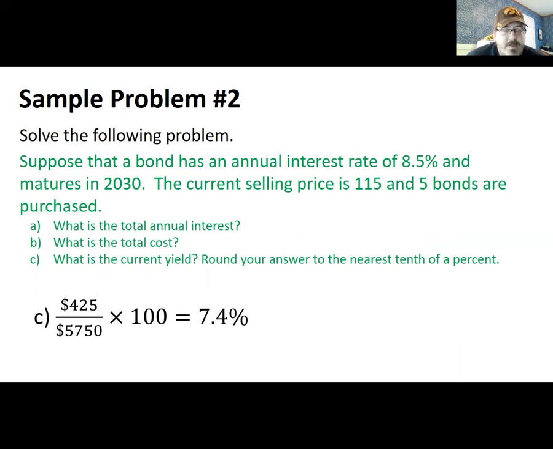That gives you a decimal that you can multiply by 100 to turn into a percent. Because the bonds are a little more expensive than $1,000 per bond, our rate of return is a little bit less than the actual interest rate. In this case, it is 7.4%.